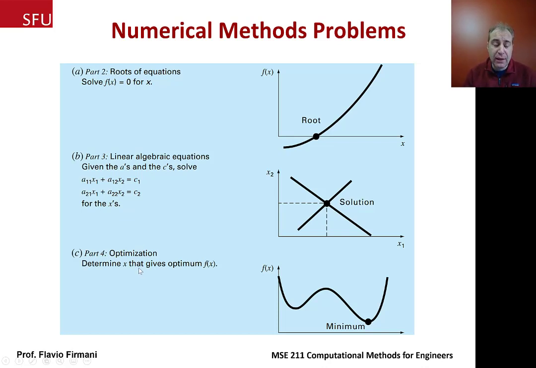Another problem that we're going to solve is optimization. This is when you have a function and our goal is to determine the minimum value of that function and determine the value of x that provides that minimum value.